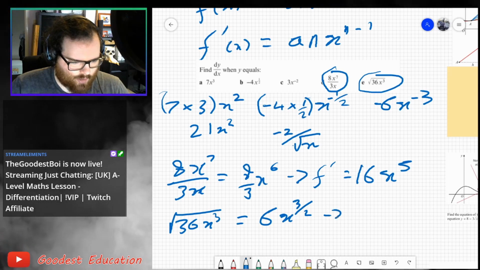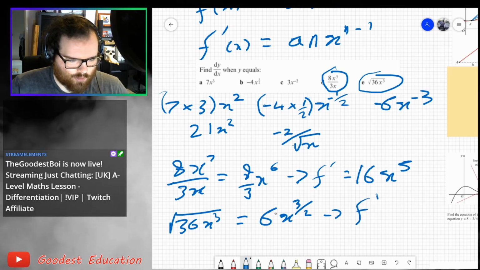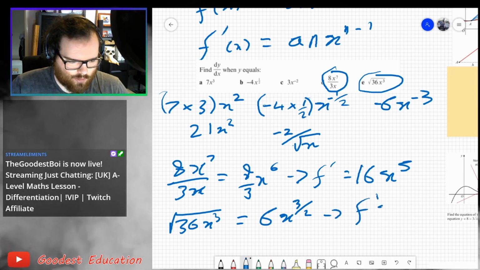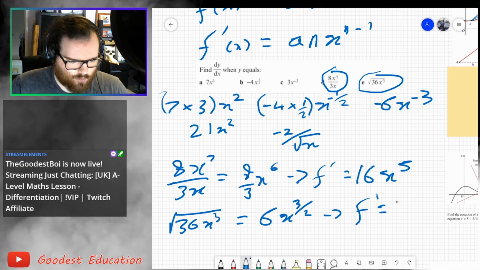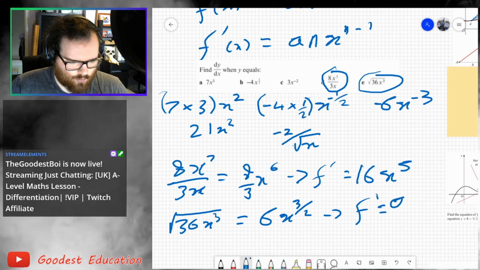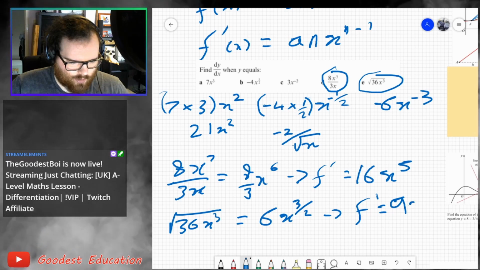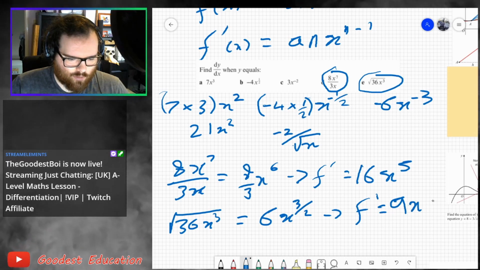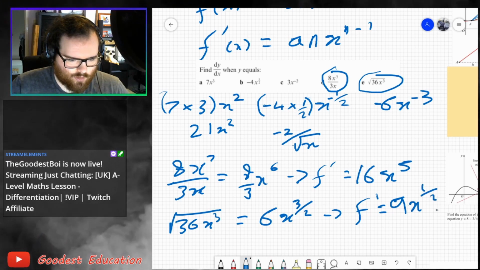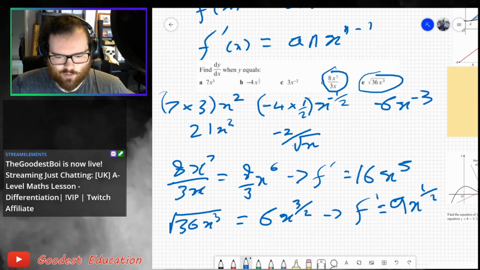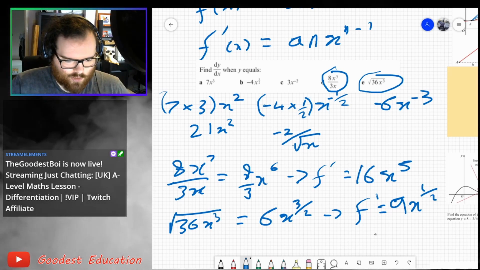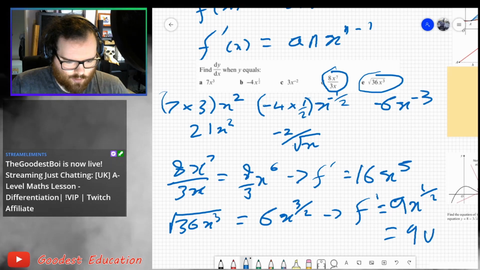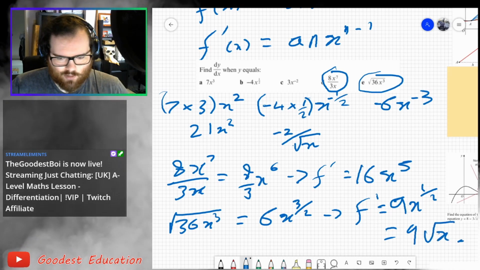And then the differential of that is going to be 6 times 3 over 2, which is 9, x, and then 3 over 2 minus 1 is a half. So 9 times x to the half, which again is 9 square root of x.